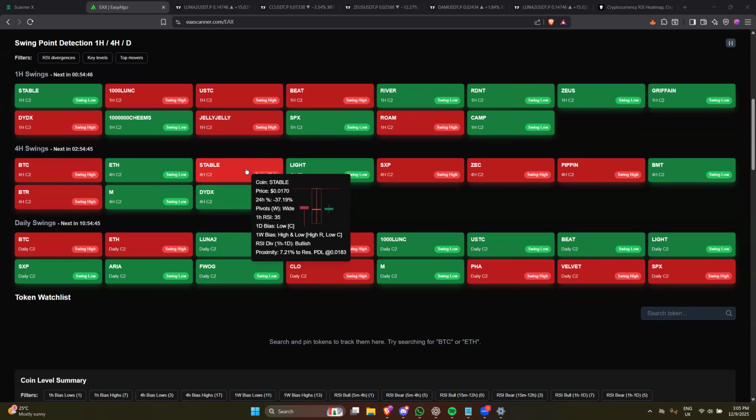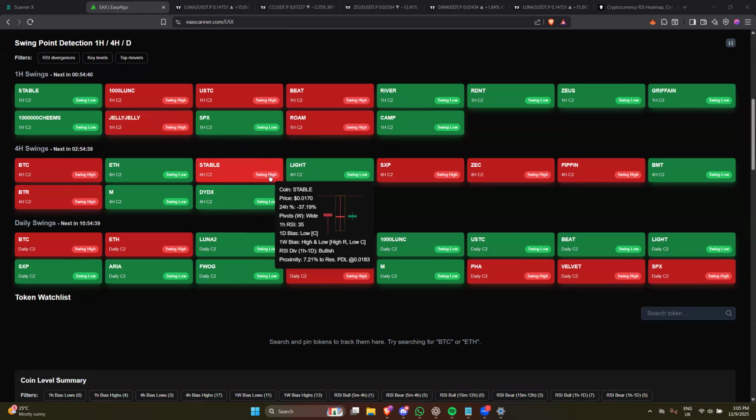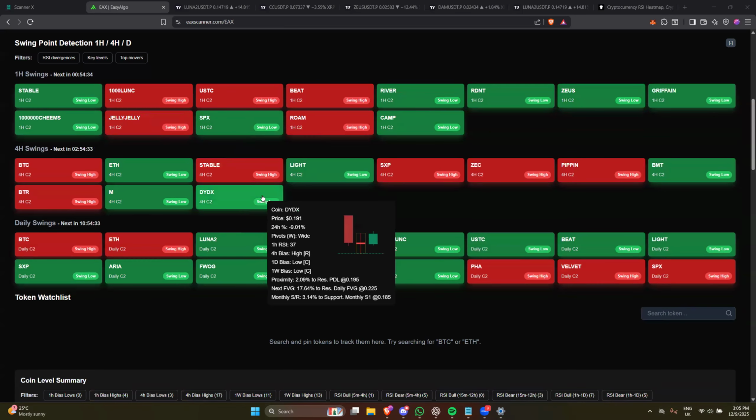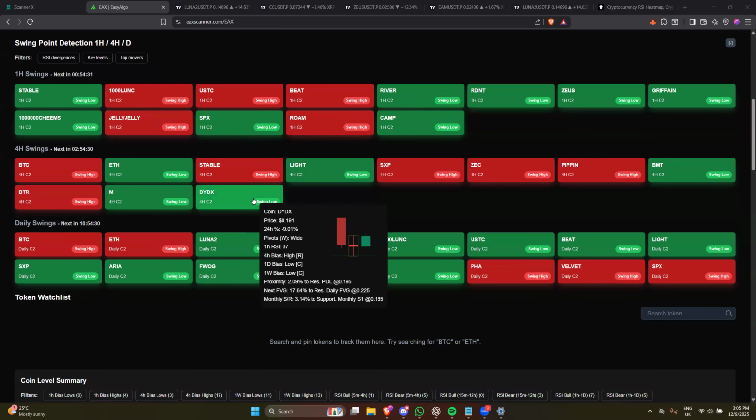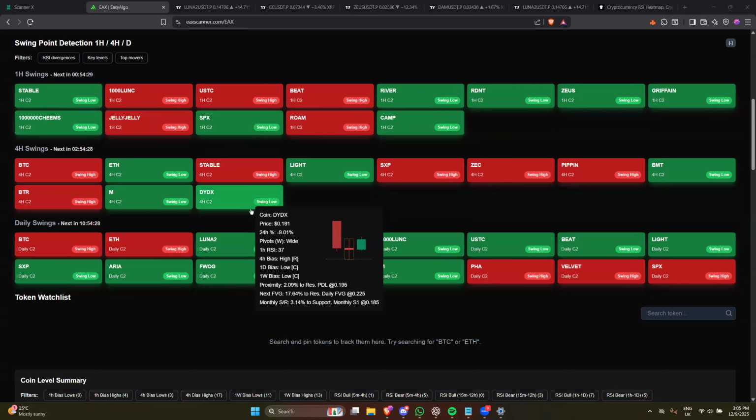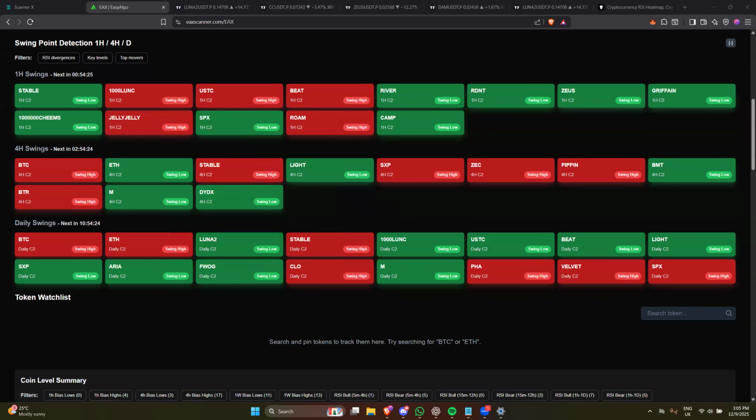That means that the higher time frame has been swept. And then of course you'll see their swing high means that their high time frame has been swept. Now it's obviously moving to the low, and then vice versa, you'll see that's the low being swept. So this is a swing low. Swing lows are in green, swing highs are in red.